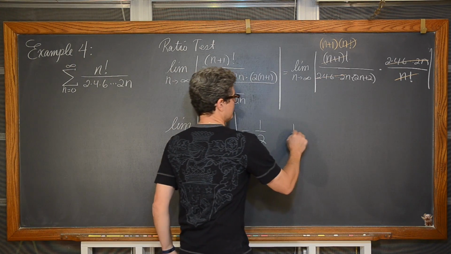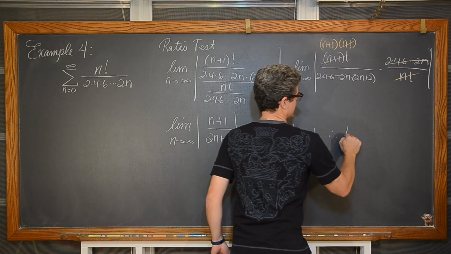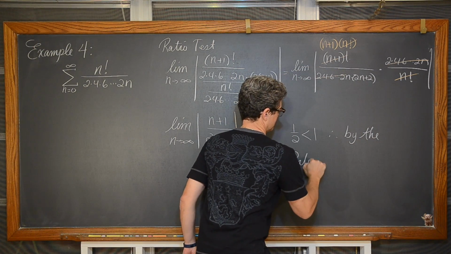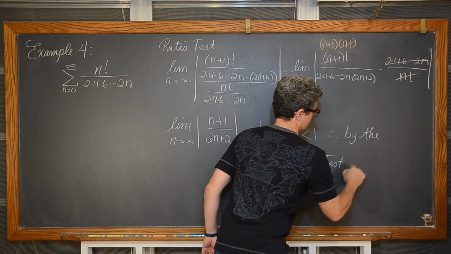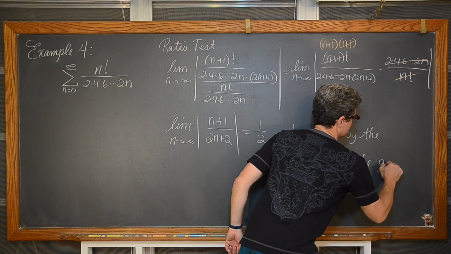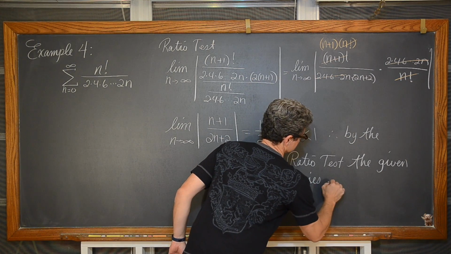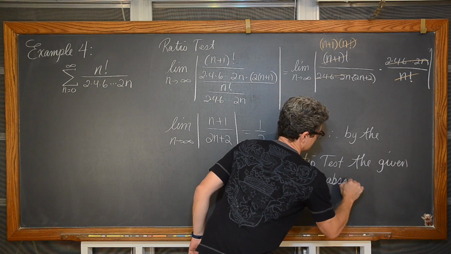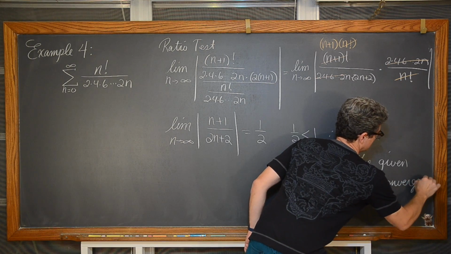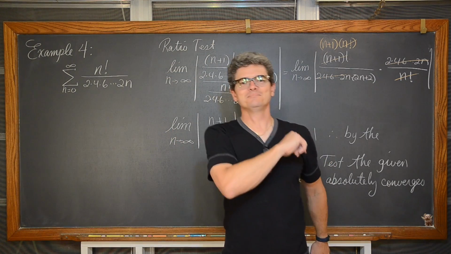So since 1/2 is less than 1, therefore, by the ratio test, the given series absolutely converges. This is the end of my last example. I'm Mr. Tarou. Bam! Go do your homework.